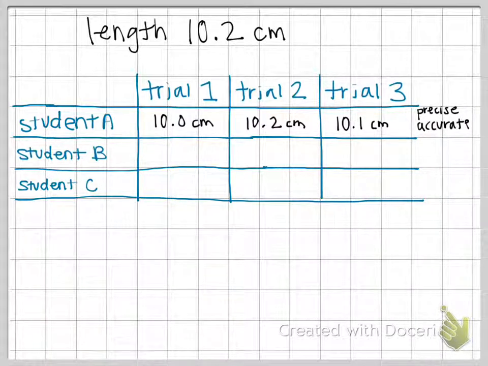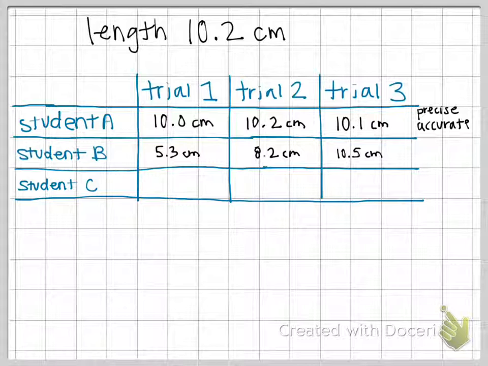All right, student B is going to get 5.3 centimeters for trial 1, 8.2 centimeters for trial 2, and 10.5 centimeters for trial 3.